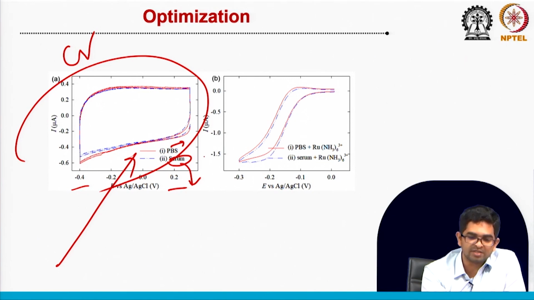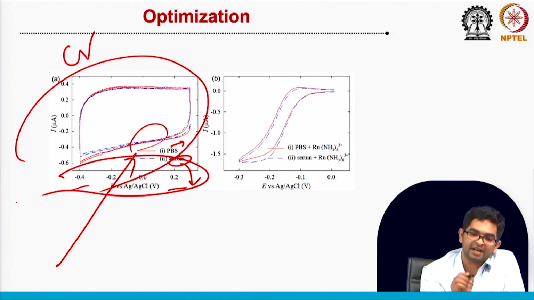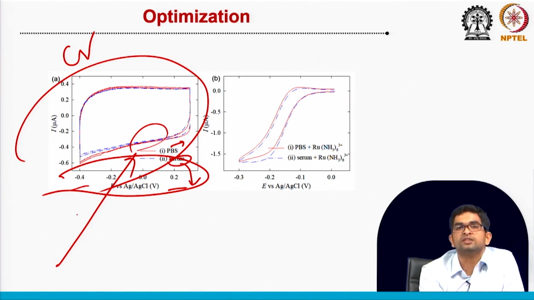But now I measured the serum cyclic voltammogram, and it is a little bit higher but almost similar. It means there are not that many interfering species in this potential window. There are some, but in this window they are not showing much effect. So I can try this potential window for wash-free sensor development.